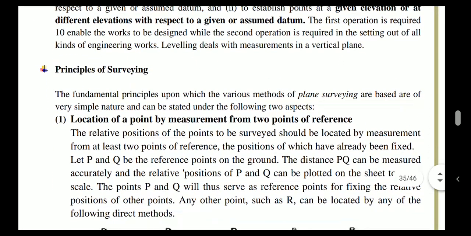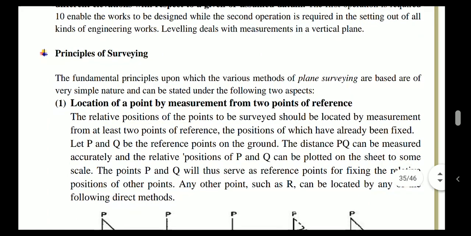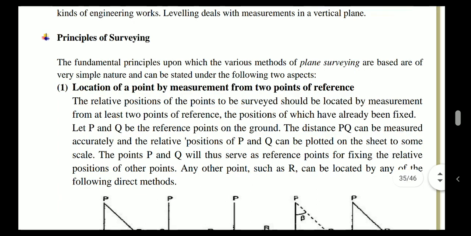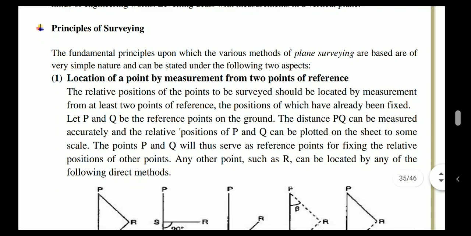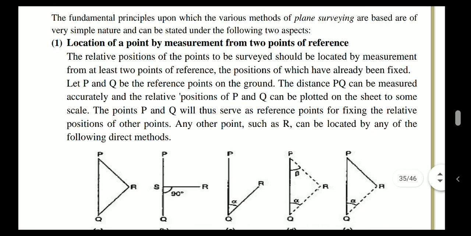Then what are the principles of surveying? There are two fundamental principles of surveying: first, location of a point by measurement from two points of reference, and second, working from whole to part.